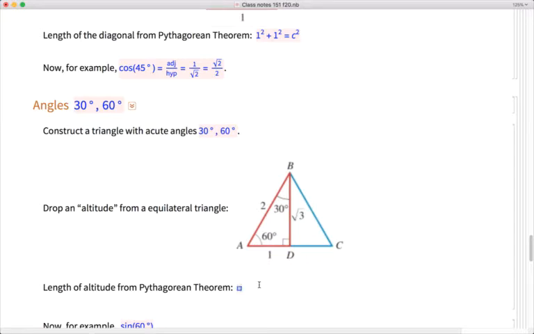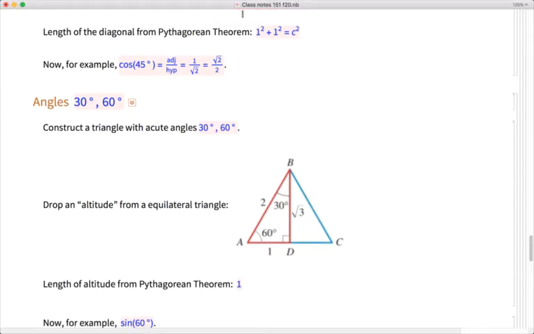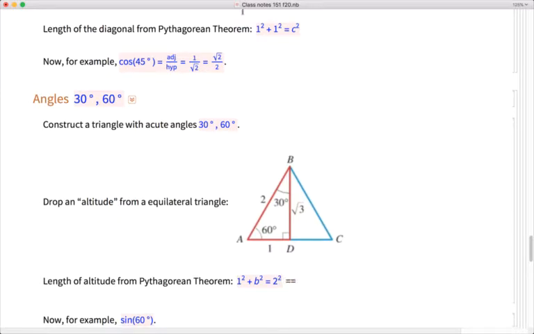So the Pythagorean theorem now would say 1 squared plus b squared is equal to 2 squared. And when you solve that out, you get that b is square root 3. Okay, this is great news. We have our little red triangle with acute angles of 60 and 30, both identified.